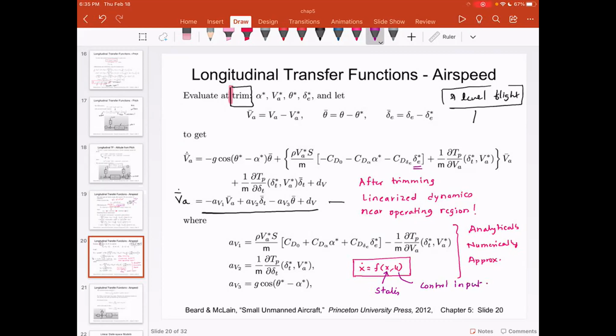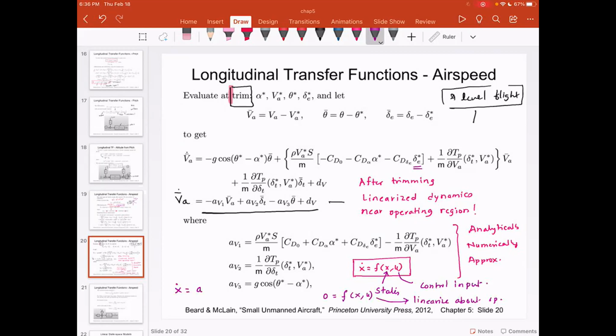Now, when we trim, we consider the dynamics to be 0 and find values of x and u, and then linearize about the operating point.